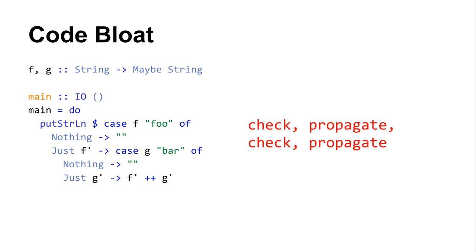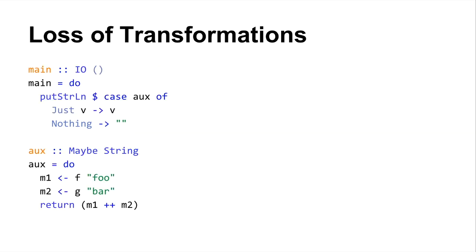You'll notice here that if I want to combine their inner values, let's say using string concatenation, I have to do this error propagation: check and propagate, check and propagate. I can eliminate some of the boilerplate noise in my program by using the Monad instance of Maybe, but then I've incurred a sequence, first this, then this, when actually these two operations have nothing to do with each other, just the concatenation.